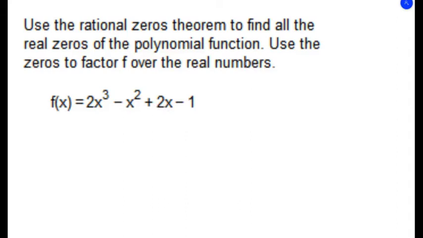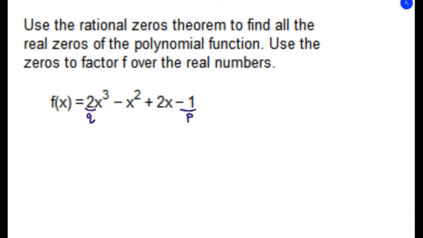So with the rational zeros theorem, it says that if our polynomial function is going to have a rational zero, it has to come from a very limited list based on our leading coefficient, which we call q, and our constant term, which is what we call p.